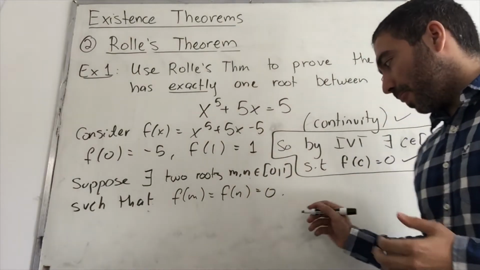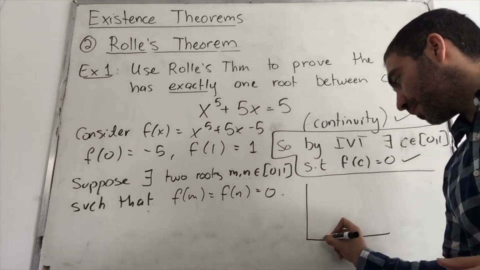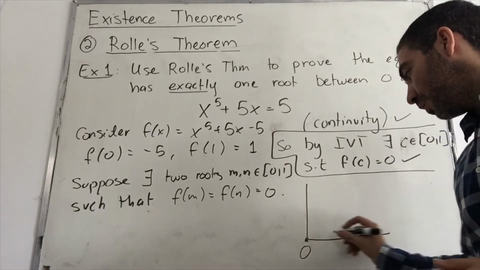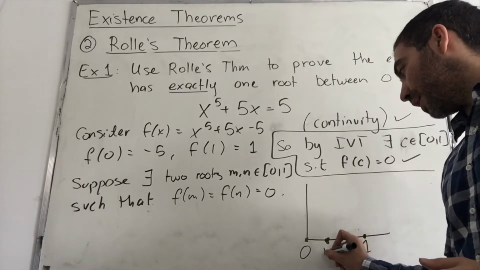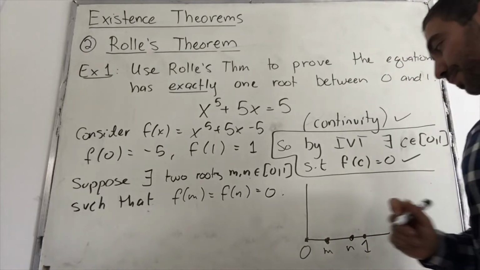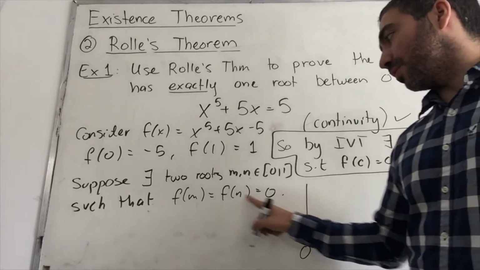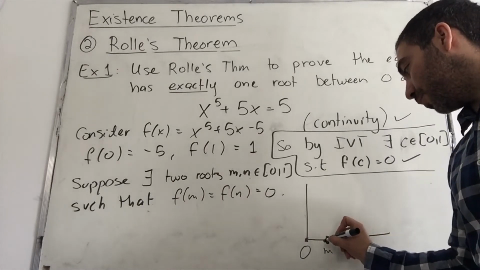So if we sketch this quickly, this is 0, this is 1. We're saying there's two points in between 0 and 1. Let's call this m, let's call this n. Since they're both on the same line, the y values are both equal to 0, the function has to pass through both these points.